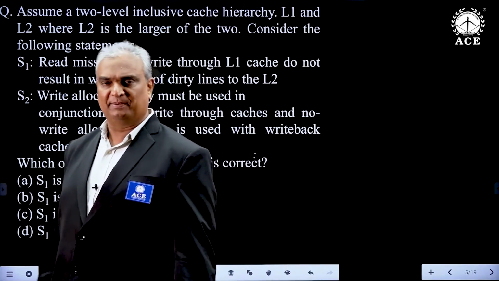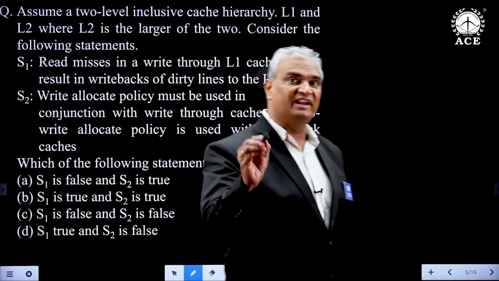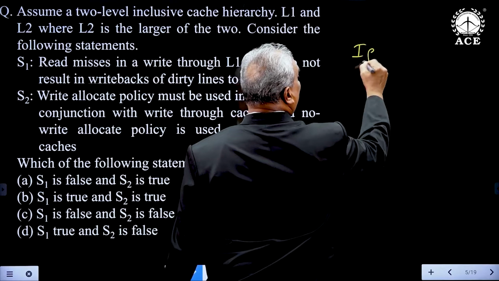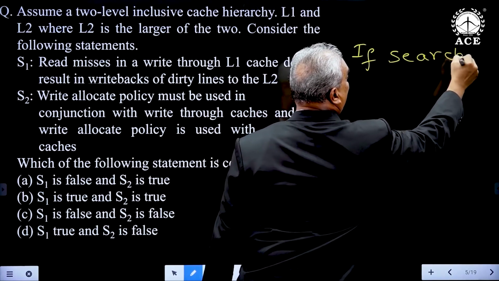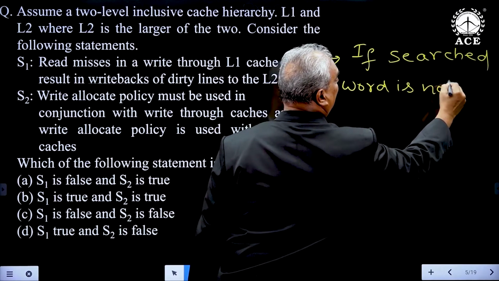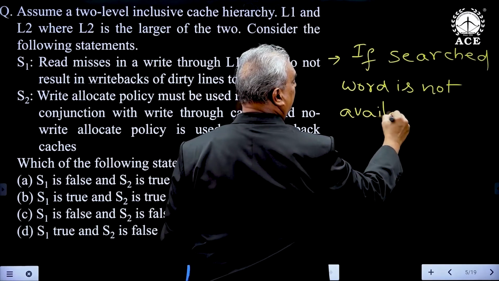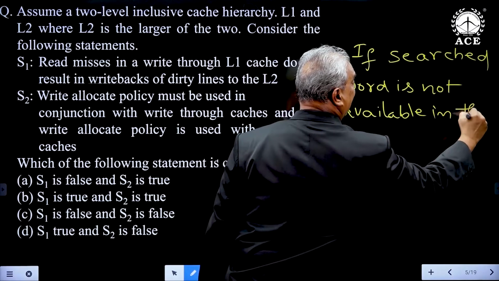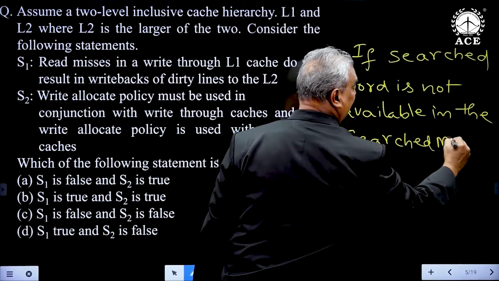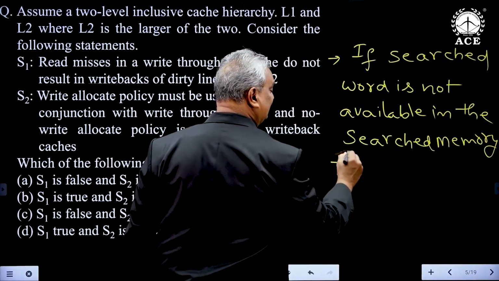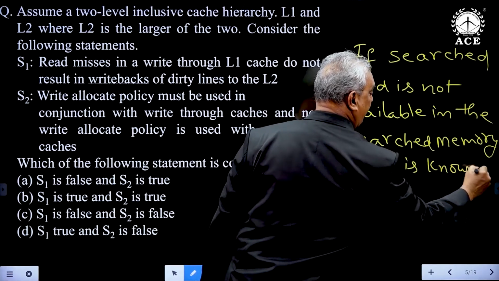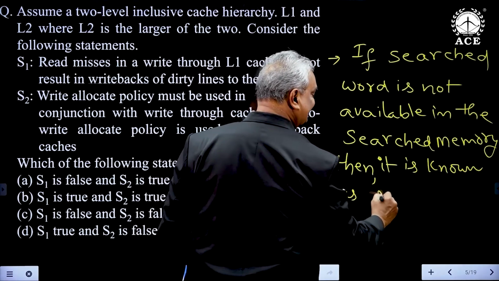While performing a read operation, if the searched word is not available in the searched memory, then it is known as a miss.